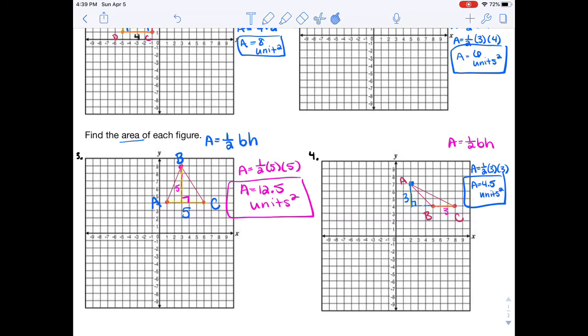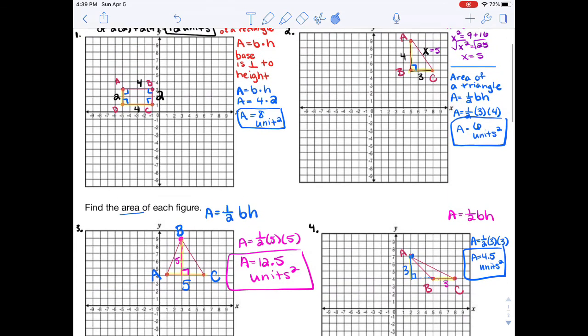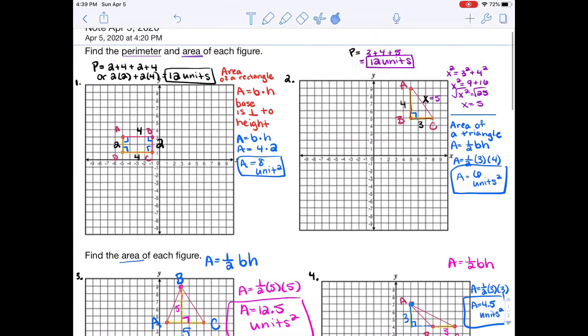Okay, so remember when you're doing this, you have to pay attention to a few things. If you're talking about perimeter, do you have all the sides? If not, you might have to use something like the Pythagorean theorem to calculate the missing side in order to find all sides. Area, the most important part to remember is that the base and the height form a right angle.